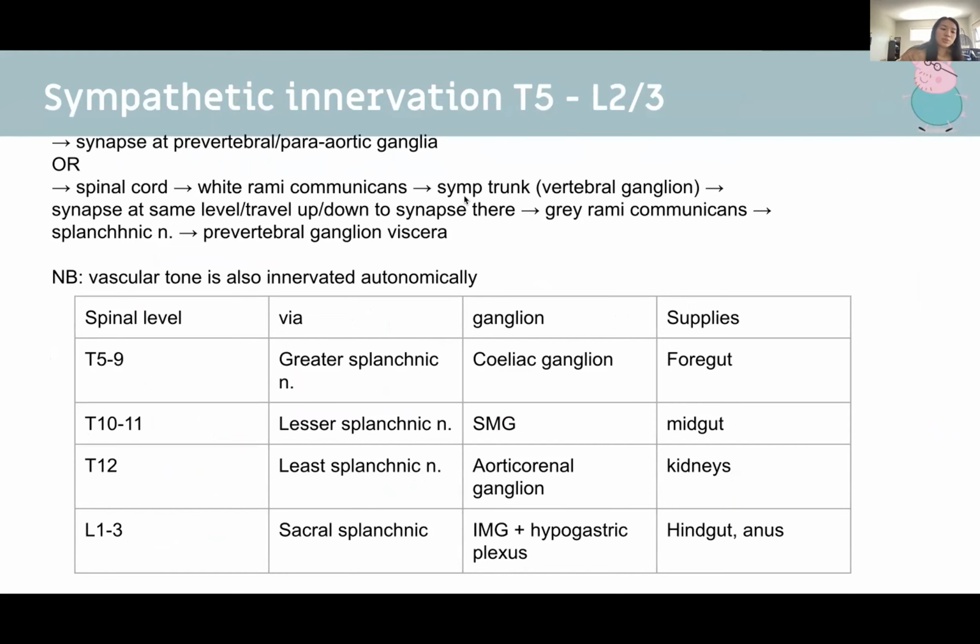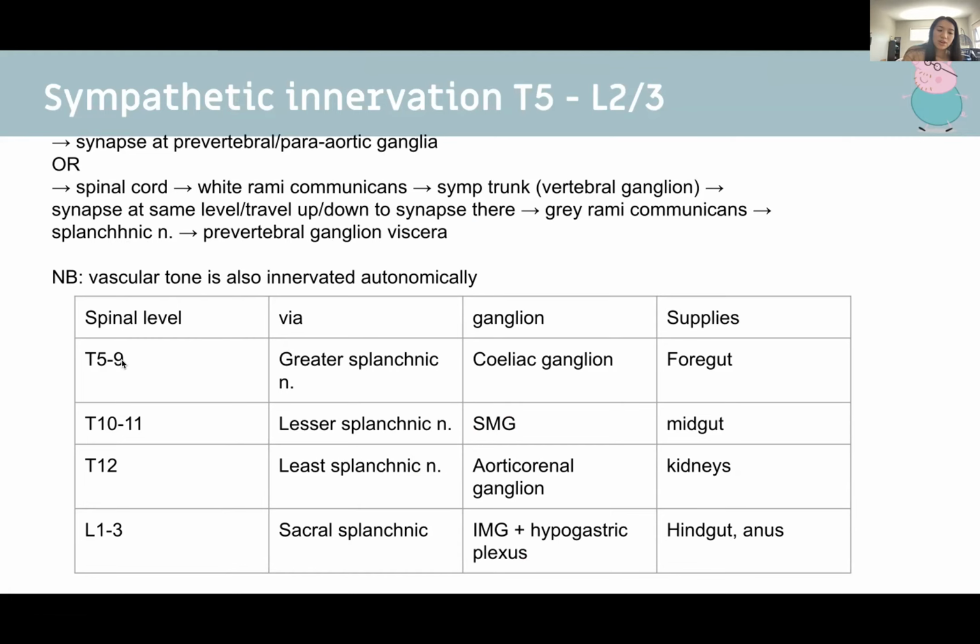It synapses at the same level, or it will go up or down the trunk and synapse where it leaves, and then it goes through the gray rami communicans to the splanchnic nerve, and then prevertebral ganglia. So yeah, just memorize these.